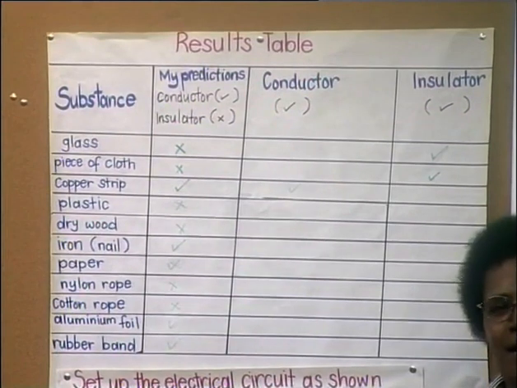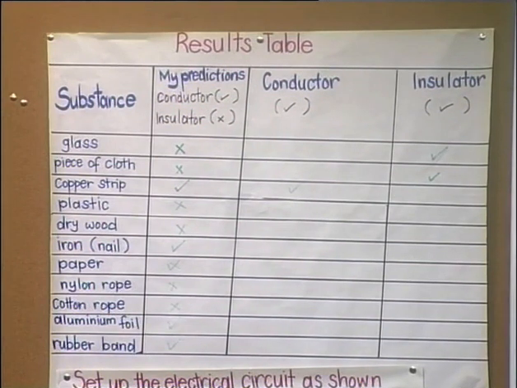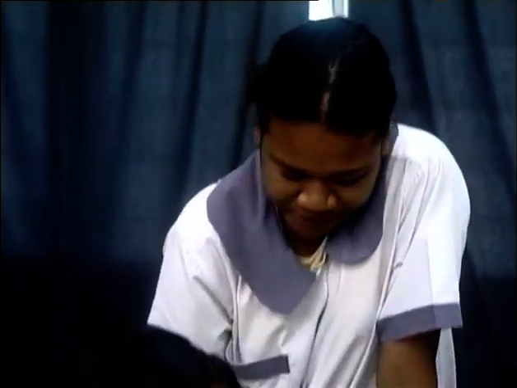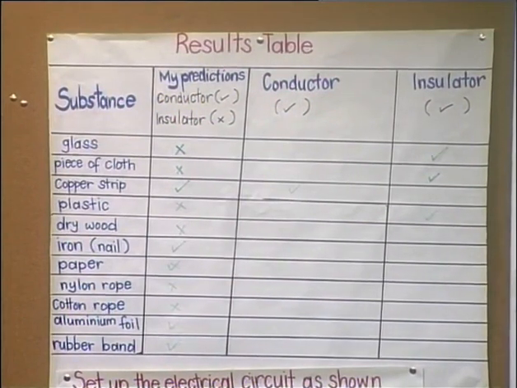Plastic. Let's have the one next to Rachel. Plastic, is it conductor or insulator? Can we go through quickly, please? Insulator. Dry wood, Livingstone.